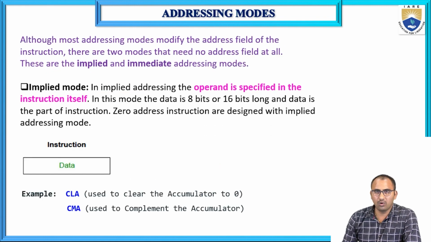We can understand these addressing modes clearly with one general example. Suppose I need to pay money to my friend. In what ways can I give it? Either I can give direct cash to my friend, or I can do an online transfer, or I can give a check, or I can pay through UPI.